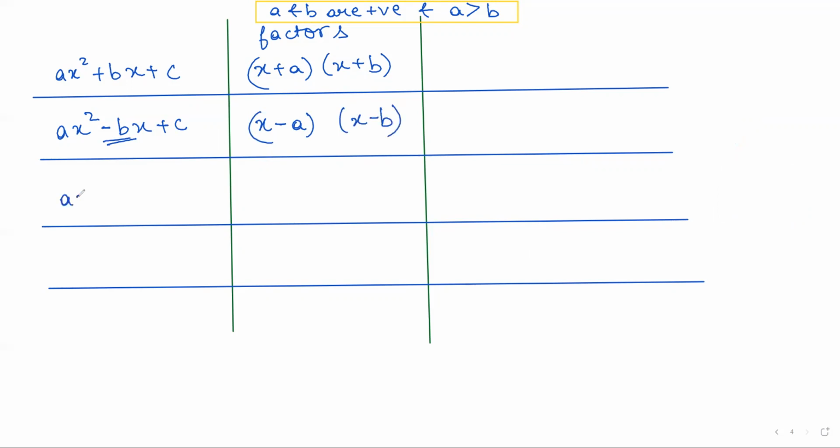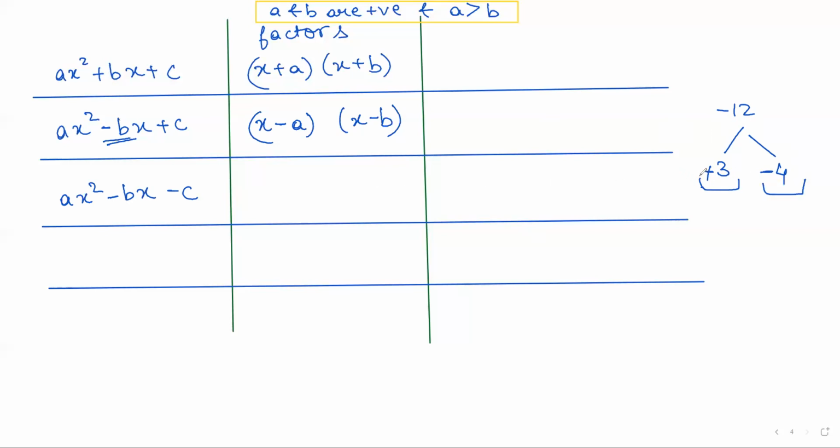Now, if you have something like ax square minus bx minus c, and you have minus 12, you need a negative value. 12 can be split into 3 and 4. You'll get a negative value only when the greater number has a negative sign and the smaller number has a positive sign, because the multiplication is negative, which means only one has to be negative.